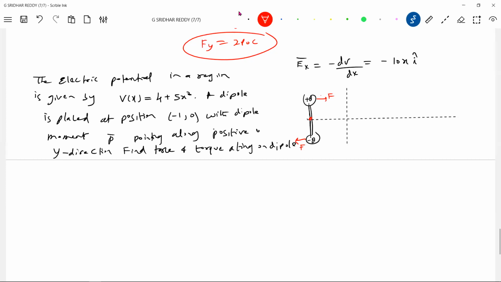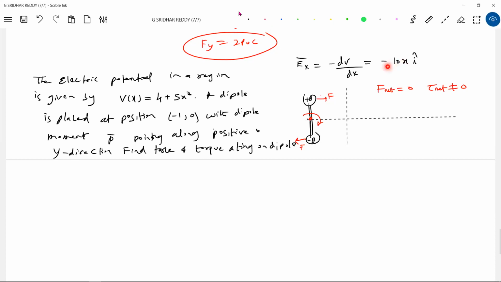What about torque? Torque will be non-zero. There will be torque acting here. So net force will be 0, net torque non-zero. Getting some idea?